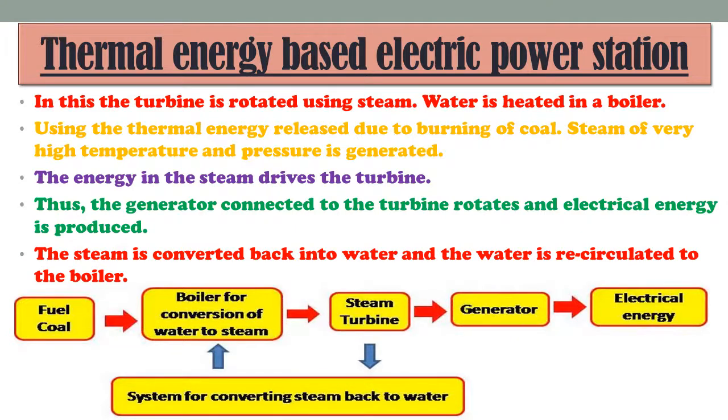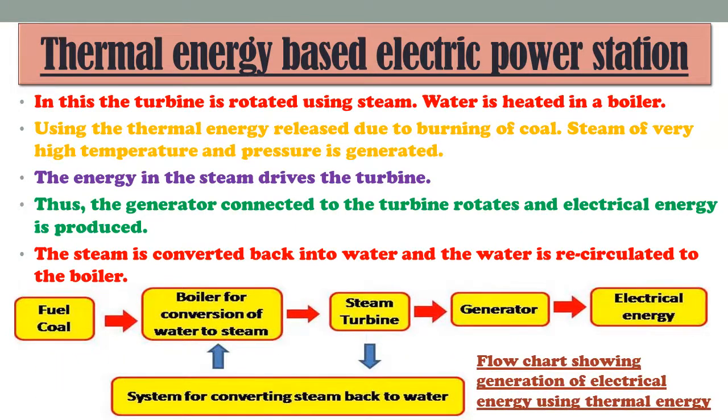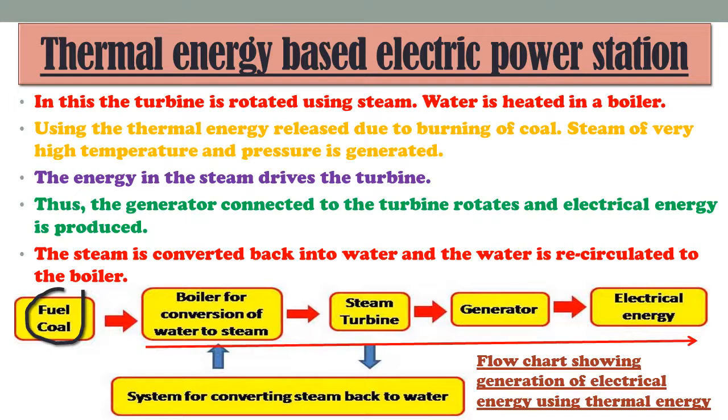And this is a flow chart showing how electrical energy is generated using thermal energy. Here we have the fuel, coal, and by burning coal this whole process goes on. The boiler converts water to steam, then the boiler is connected to the steam turbine, and the turbine is connected to the generator, and finally electrical energy is generated.